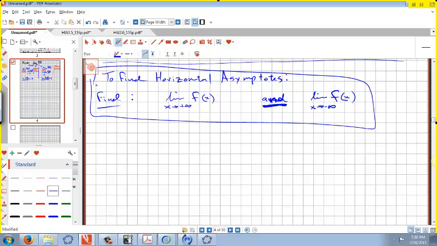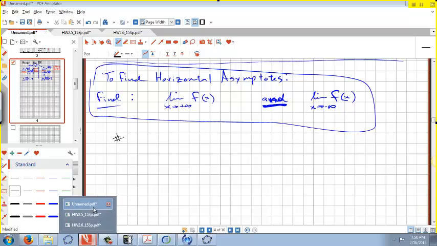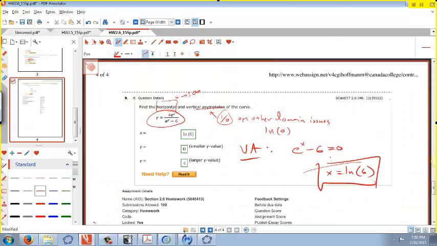So if we look at our function in number 8, I have 4 e to the x divided by e to the x minus 6. So these two limits will actually be different.